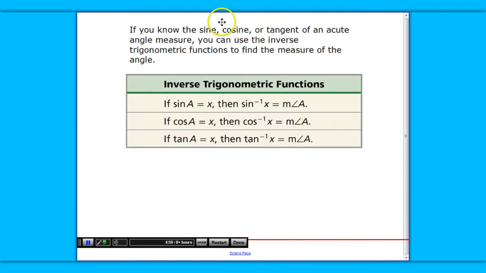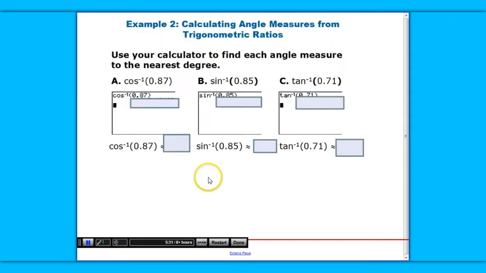So if you know the sine, cosine, or tangent of an acute angle measure, you can use the inverse trigonometric functions to find the measure of the angle. So if sine of angle A is x, then the inverse sine of x will give you the measure of angle A. The same is true for cosine and tangent. Just take the inverse function.